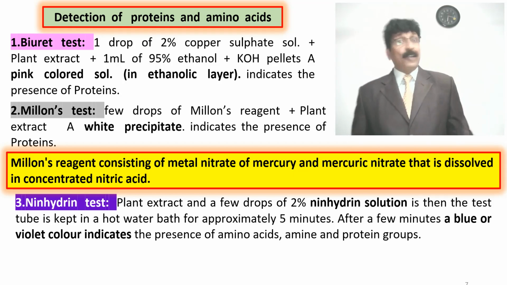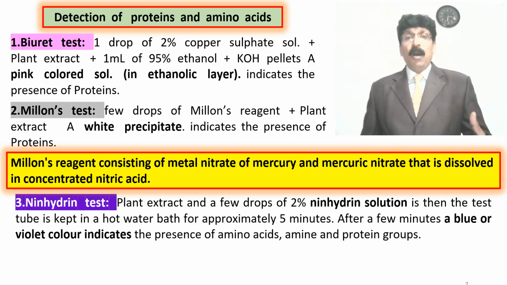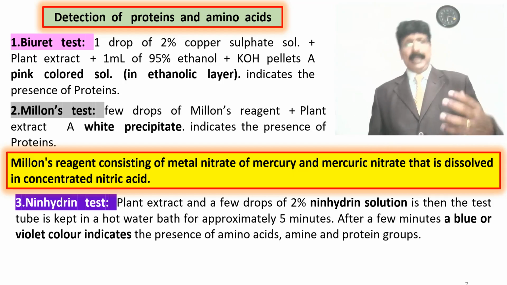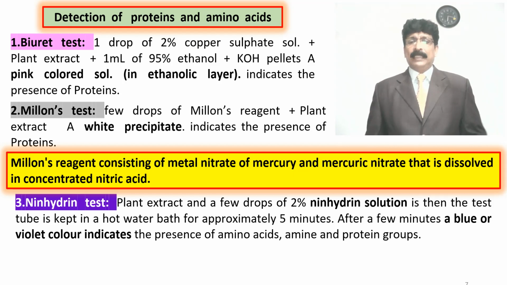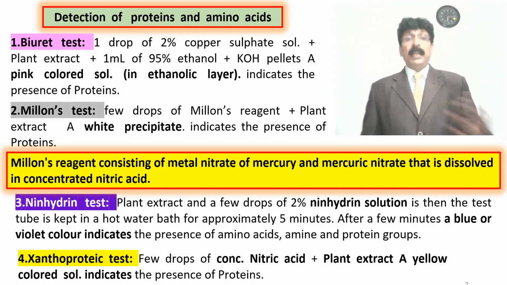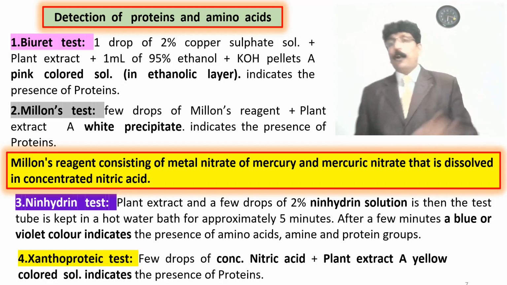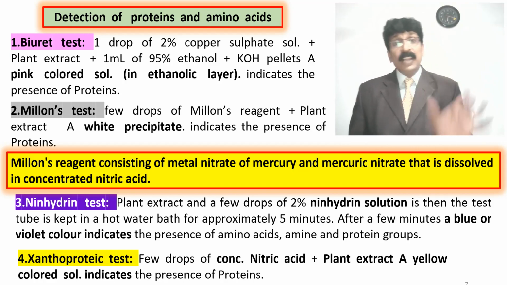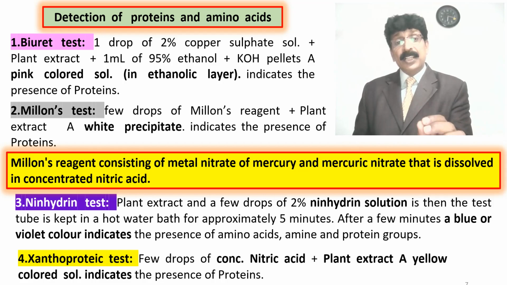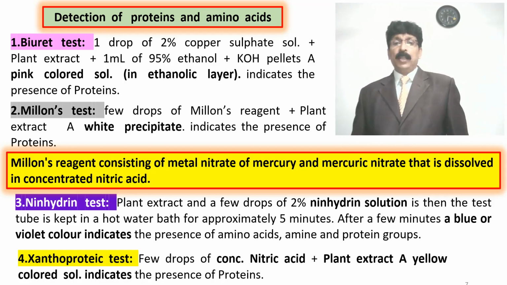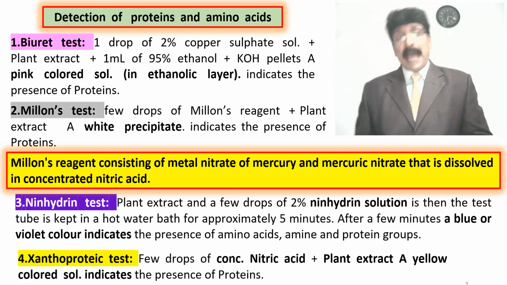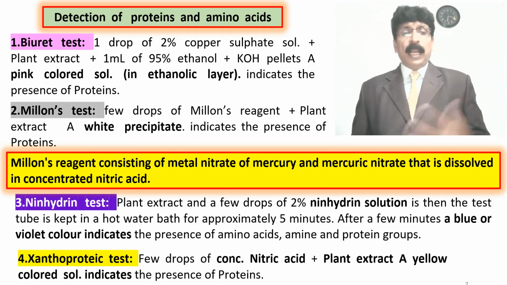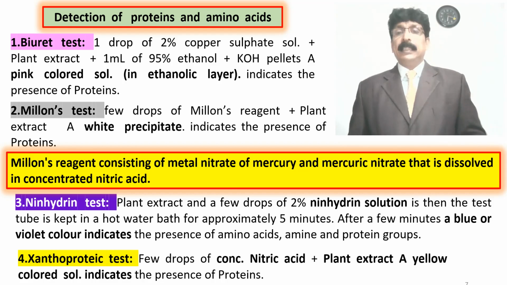After a few minutes, a blue or slightly violet color indicates the presence of amino acid, amine and protein groups. And number 4, xanthoproteic test, in which a few drops of concentrated nitric acid are added to the plant extract, a yellow color solution indicates the presence of proteins.